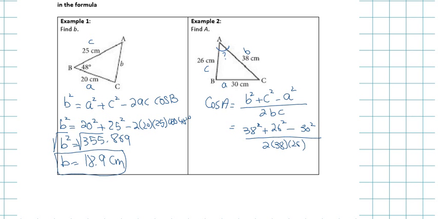As I said, if you don't have that special button on the calculator, I want you to find the top, write it down, find the bottom, write it down, and then do your division. If you do the top, you should be getting this answer, I think. And then the bottom should be this.